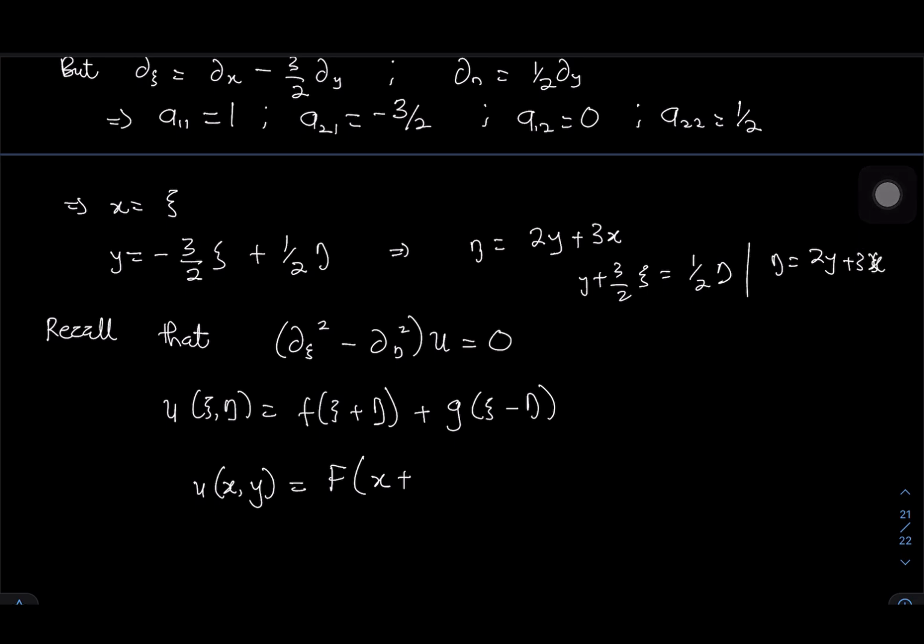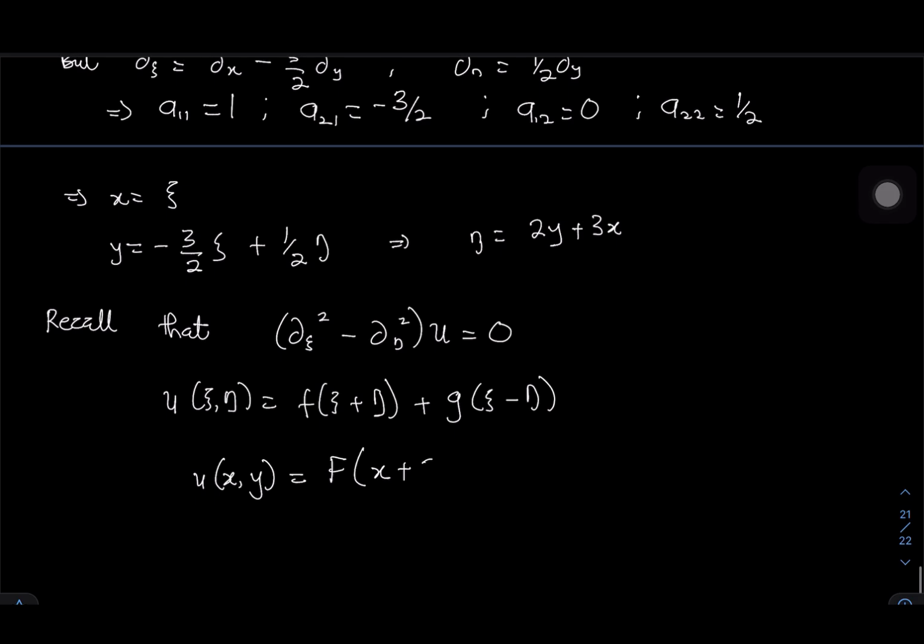So that's why we have eta equal to 2y plus 3x. So this is going to be equal to f of x plus 2y plus 3x, then plus the function g of xi minus eta, x minus 2y minus 3x.